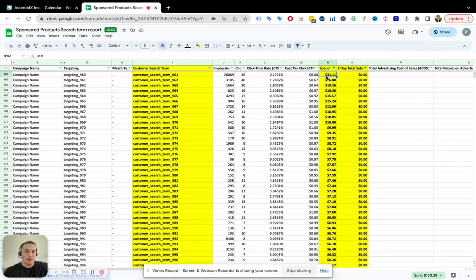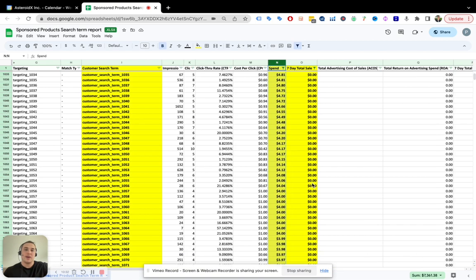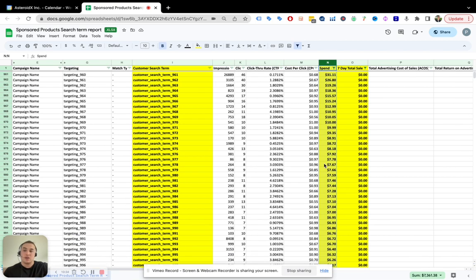It doesn't seem like, what's $30, what's $15, what's 18, but it adds up. It adds up really fast to the point where there was $7,300 in spend just gone over the course of 60 days, right? That is indeed a mortgage payment that's being spent on terms that resulted in no sales whatsoever, none.